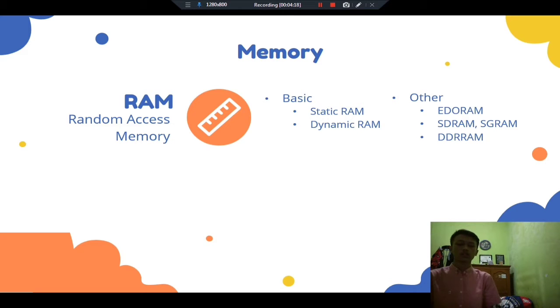Then SDRAM and SGRAM. SDRAM is synchronous dynamic RAM and SGRAM is synchronous graphical RAM. And the last is DDR-RAM. DDR-RAM stands for Double Data Rate Synchronous Dynamic RAM.